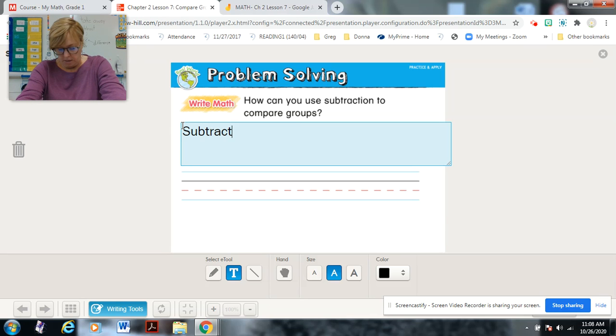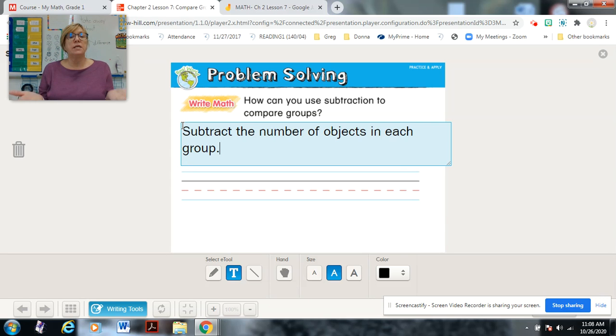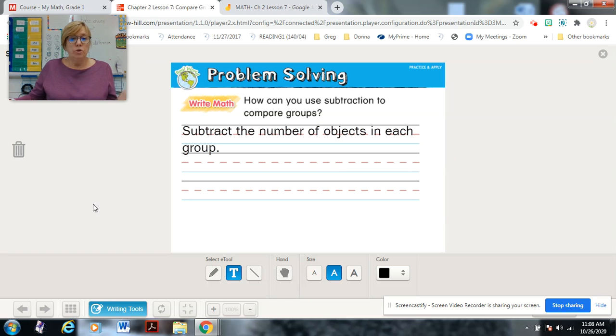Subtract the number of objects in each group, okay? And then depending on what you're asked for, you would know which group is fewer or more. So you subtract the number of objects in each group, and you would find your answer.